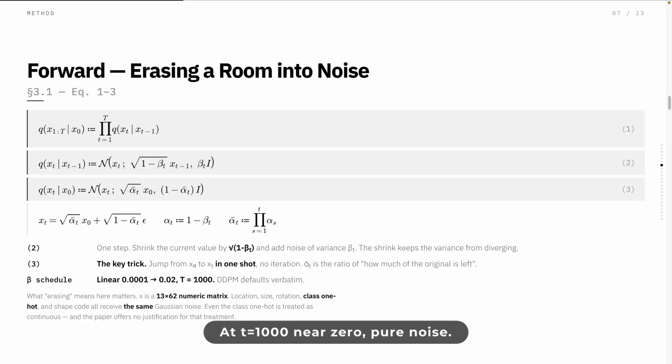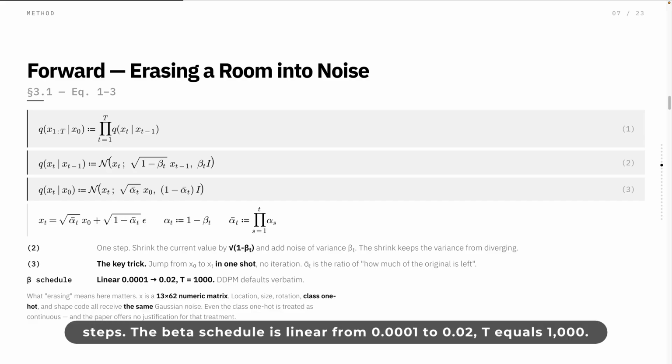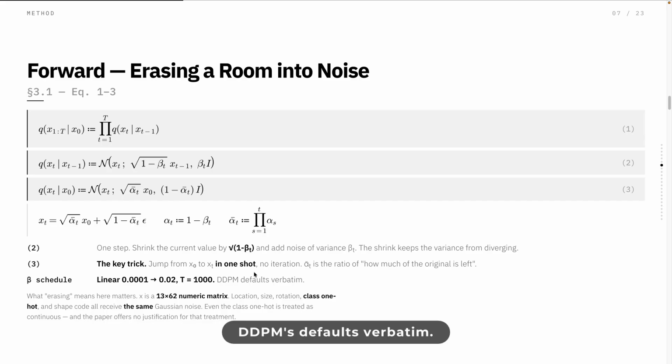At t equals 1000, near 0, pure noise. So training can sample a random t and construct that point directly rather than run 1,000 steps. The beta schedule is linear from 0.0001 to 0.02, T equals 1000. The DDPM default, verbatim.